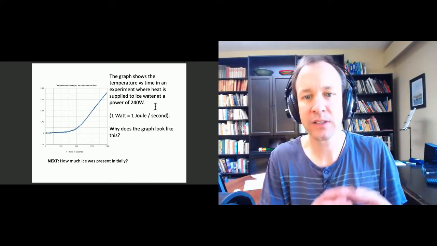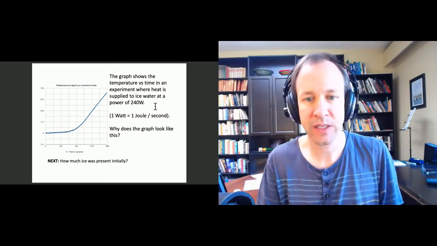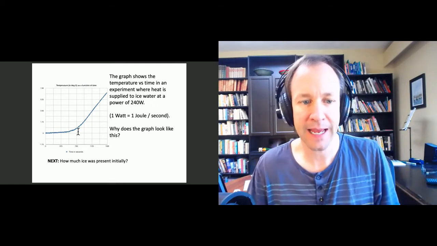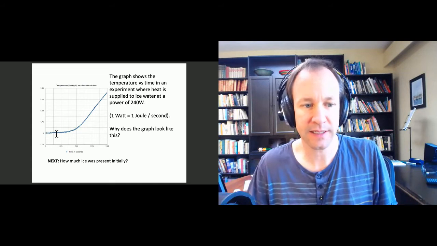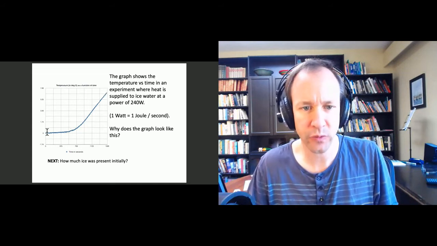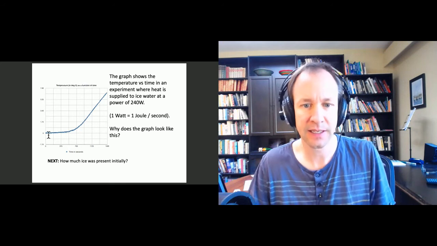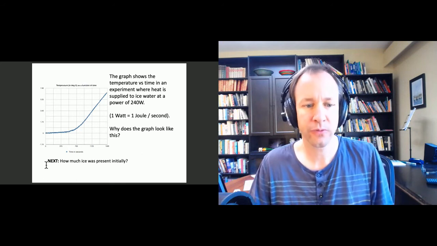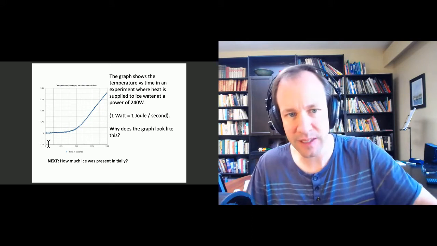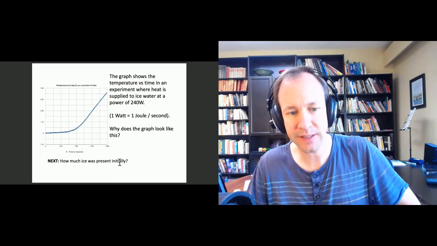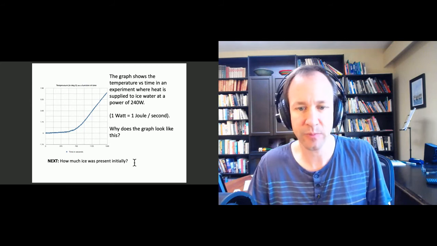So we're adding 240 joules per second to this ice water, and we want to understand what is going on with this graph. Why does it look like this sort of hockey stick? And further, can we actually learn something from this graph? Based on the graph, can we understand how much ice was present initially?